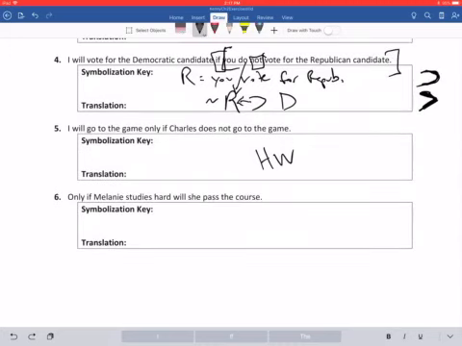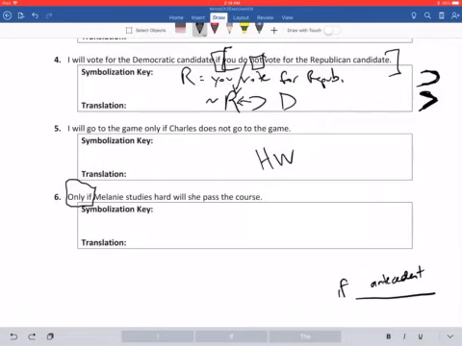Number 6, only if Melanie studies hard will she pass the course. Okay. Now only if, and you should read the chapter because it explains this pretty well, only if is different from if, okay? And it's different in the following way. Remember I said whatever comes after the if is antecedent.